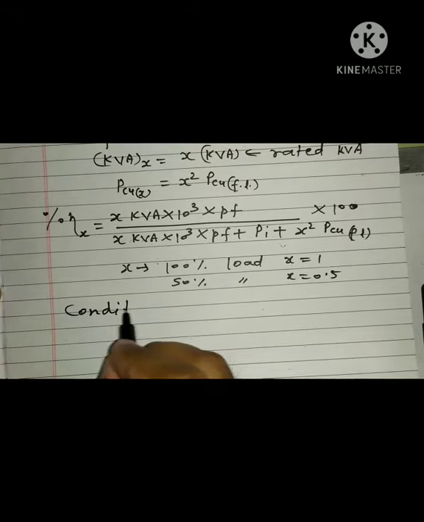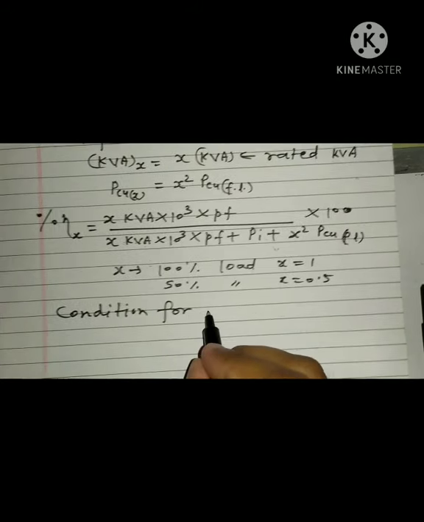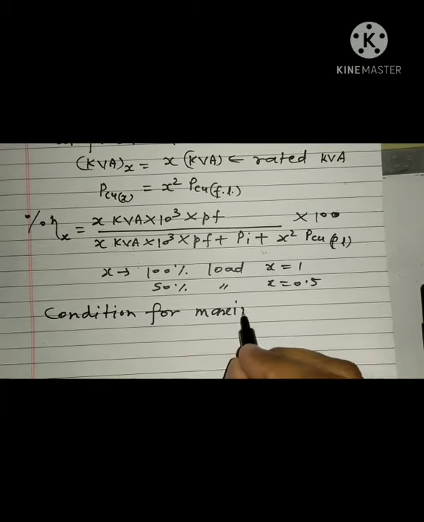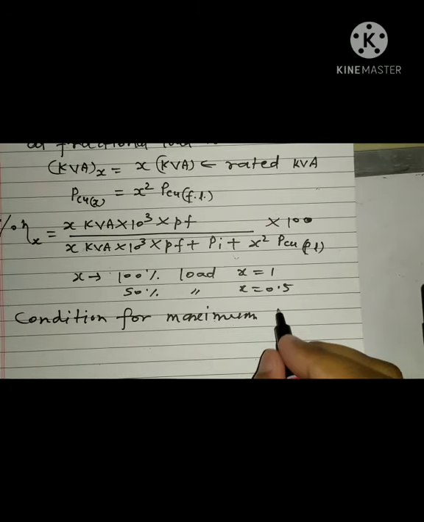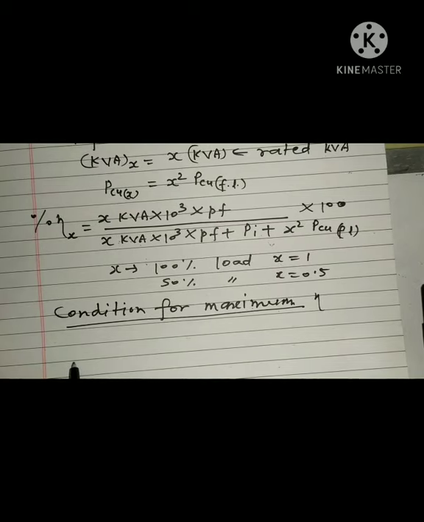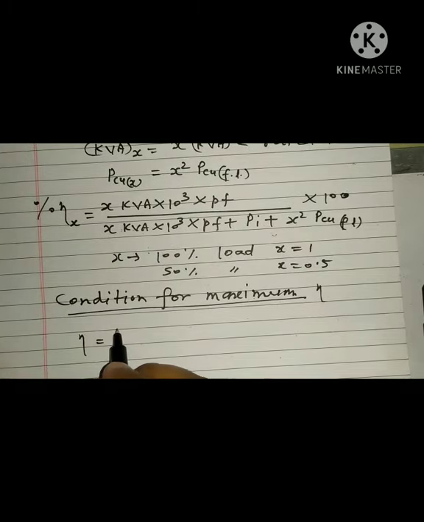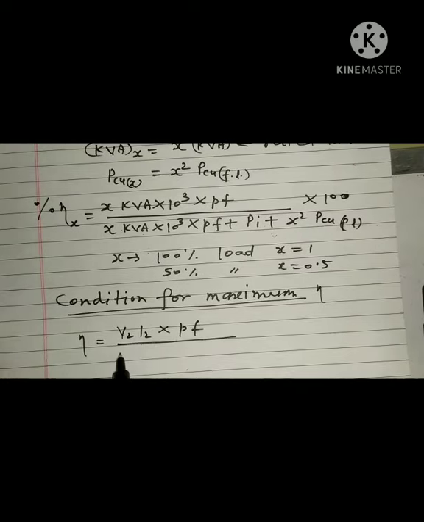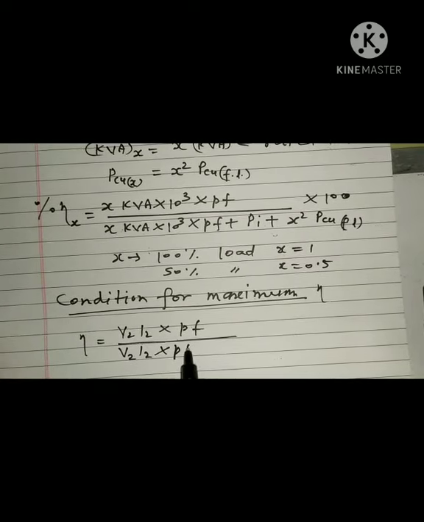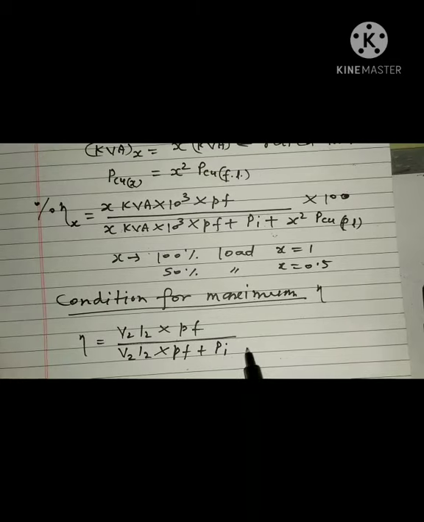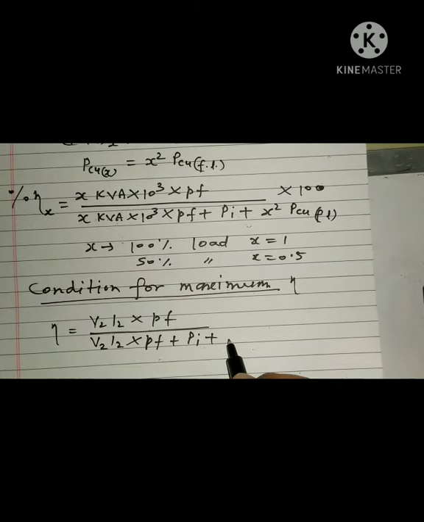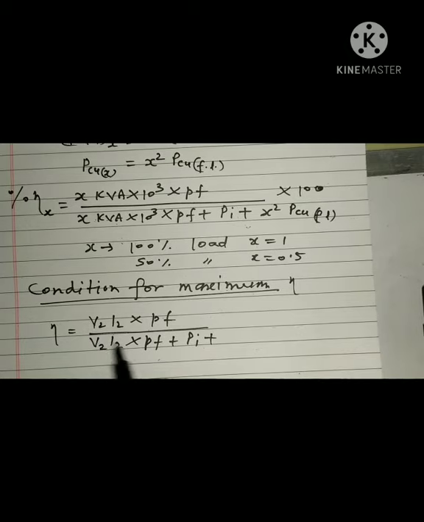Now let us see condition for maximum efficiency. We know efficiency in terms of output by output plus losses. So efficiency equal to output power, that is say V2 I2 into power factor cos phi, divided by V2 I2 into power factor plus iron loss plus copper loss, if circuit is referred on secondary side, as these are secondary values.